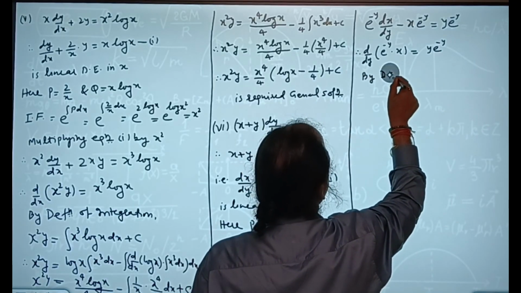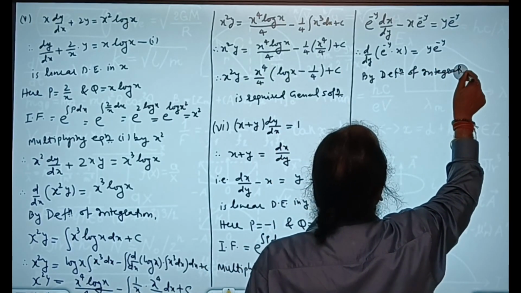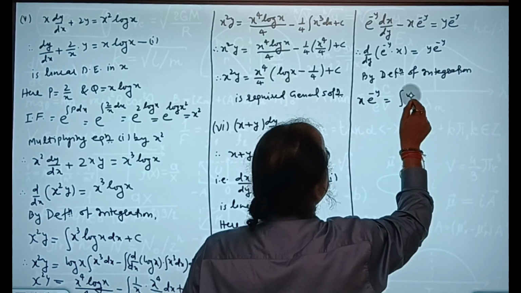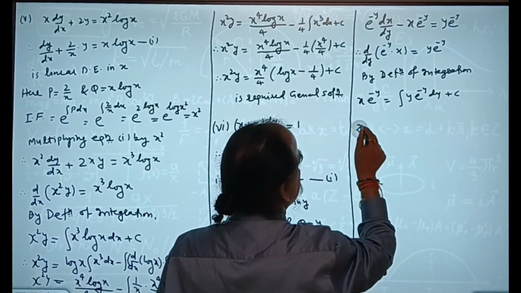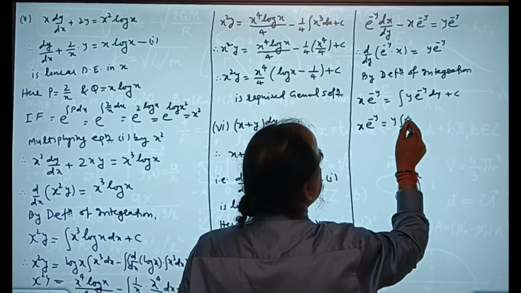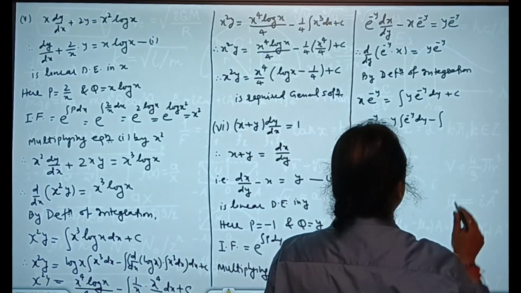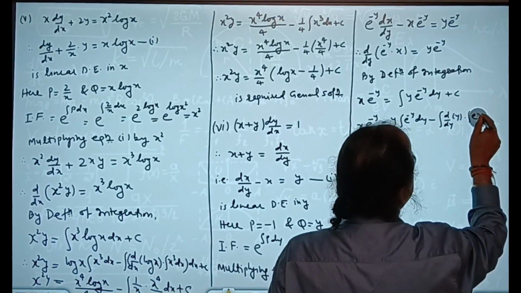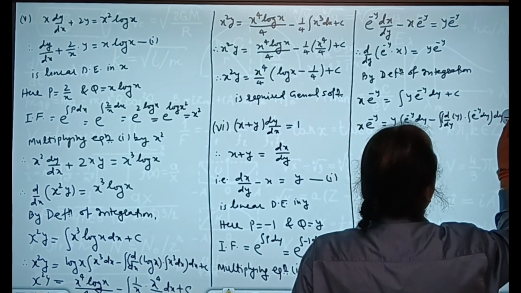By definition of integration, x e raised to minus y is the integral of y e raised to minus y dy plus c. x e raised to minus y is y times the integral of e raised to minus y dy, minus the integral of d by dy of y into the integral of e raised to minus y dy, the whole dy, plus c.